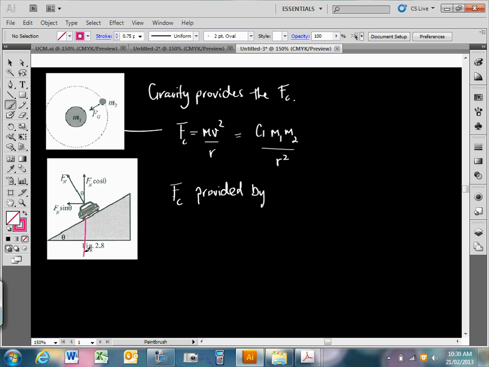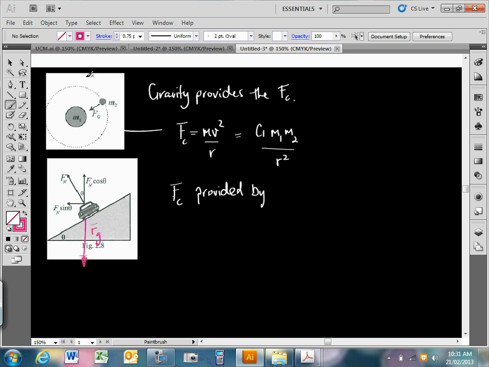Gravity's going to be, if the car is in uniform circular motion and it's not moving up the bank, and it's not moving down the bank, then Fn cos theta, the vertical component of the normal force there, is exactly the same as the force of gravity.